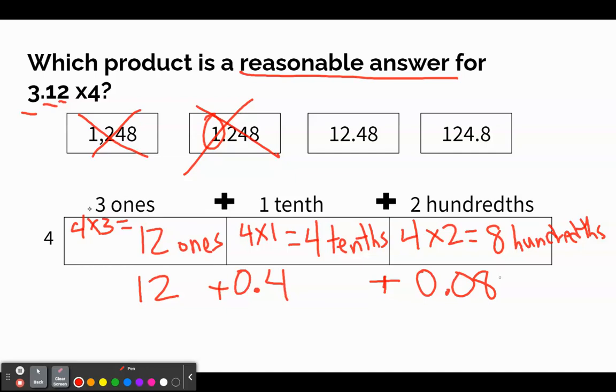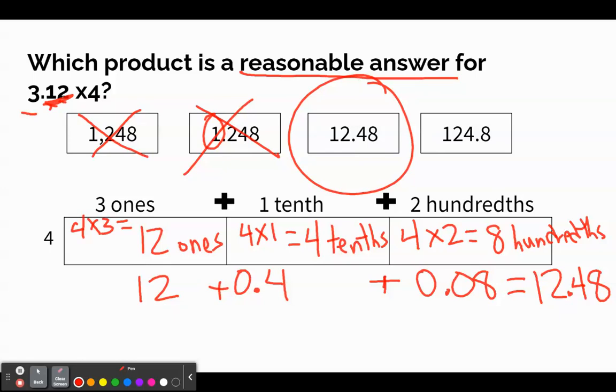So if I combine everything together, I will get 12 ones, 4/10, and 8/100, which means this number is going to be our correct answer. Now, one thing that I've noticed here is I have 2 place values behind the decimal point, and here I have 2 place values behind the decimal point. That might be something to think about as we work more into this.